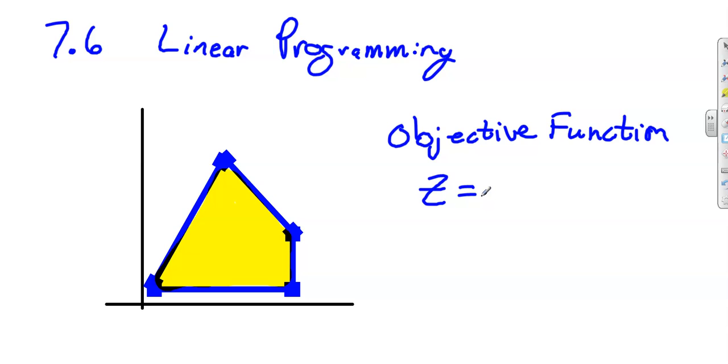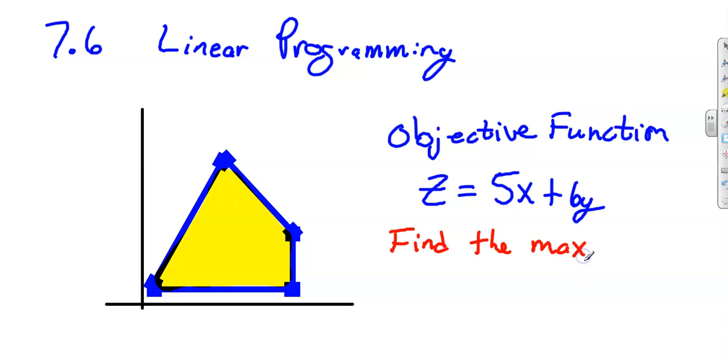In this case the objective function is going to be z, and then they'll give you the x and y values. After they've given you the objective function, they're going to ask you to do usually two things. They're going to find the max and the minimum.